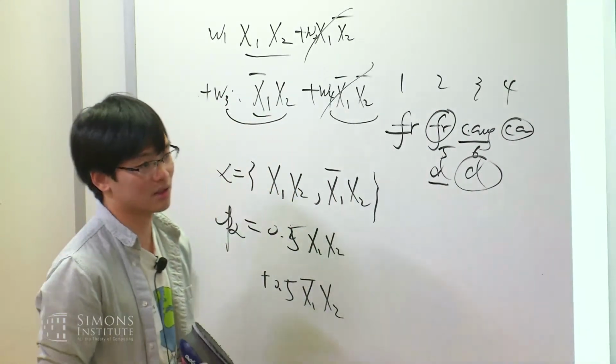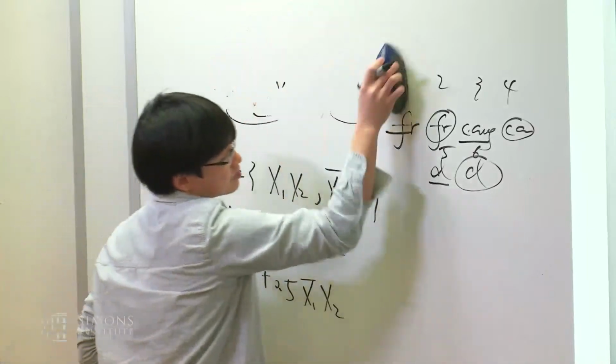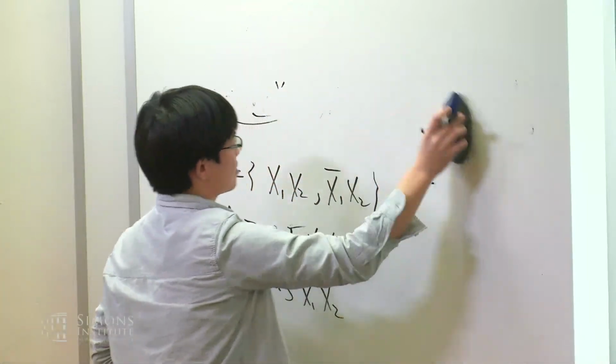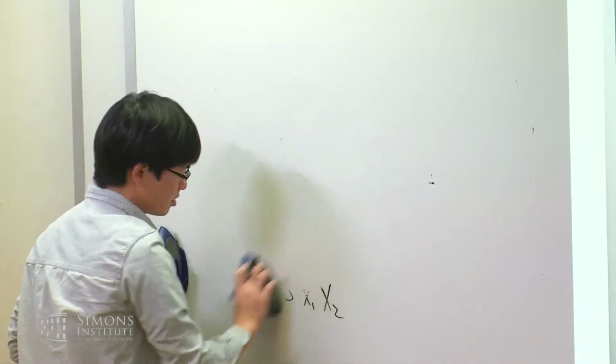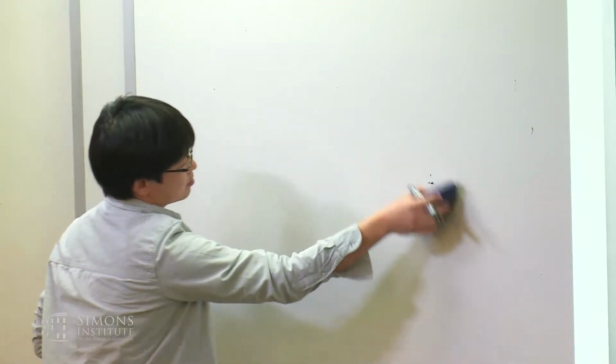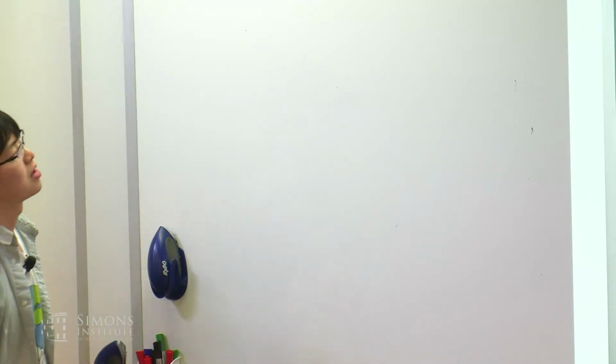Okay, so now let's construct a deterministic circuit representing this constraint. The idea is similar to deterministic finite automata. It's basically you track how many words you have used, which state you are in satisfying the constraint.